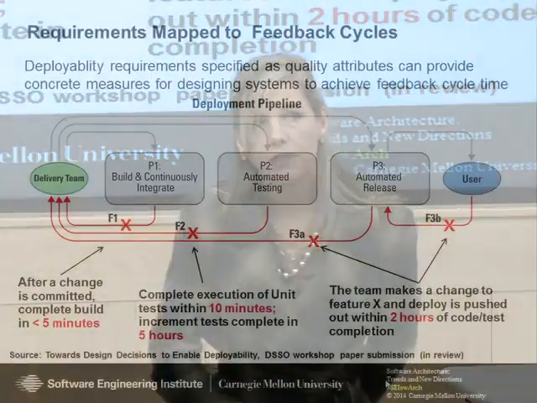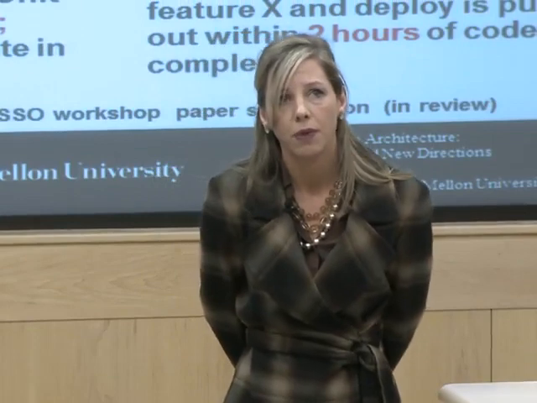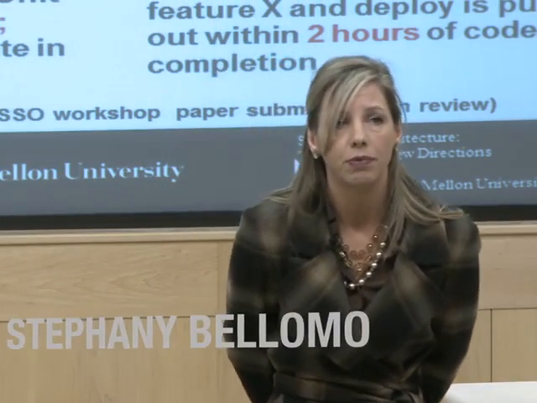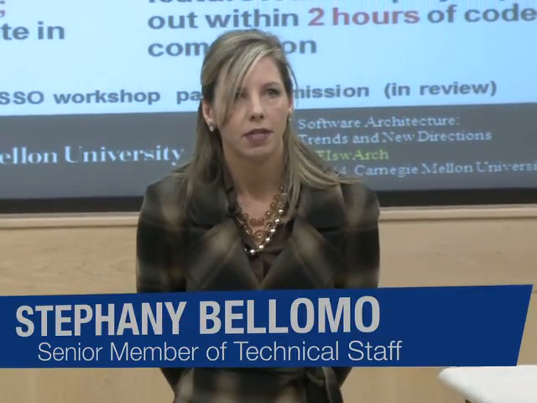So what I've done here is map these out against our feedback cycles, because I want to continue to go back to that and use it as our base to work from. Deployability requirements specified as quality attributes can provide concrete measures for designing systems to achieve cycle time.